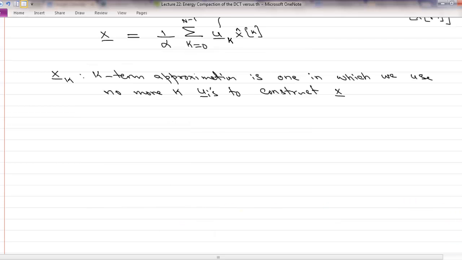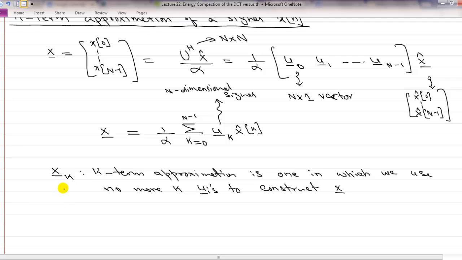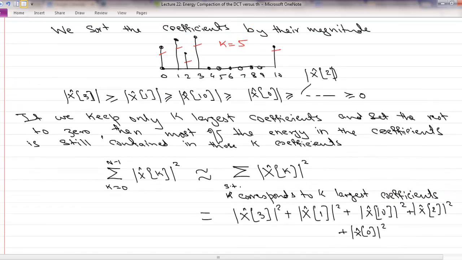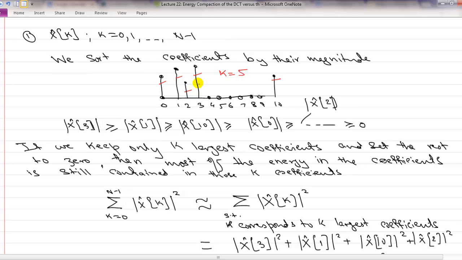So if you want to construct the best k-term approximation, the one closest to your original x, you should use the u's which correspond to the x hat of k's with the largest values. In the previous example, if you were given k equal to 5, you should use the u's which correspond to x hat 0, x hat 1, x hat 2, x hat 3, and x hat 10, because the others are not going to contribute that much to the information.